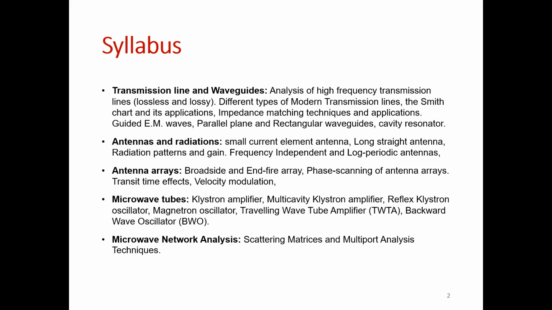After that, we'll see the antennas and radiations: small current element antenna, long straight antenna, radiation patterns and gain, frequency independent and low frequency antennas. These are the types of antennas. We'll also see antenna arrays, broadside and end-fire array, phase scanning of antenna arrays, transit time effects, velocity erosion. Those things will be discussed.